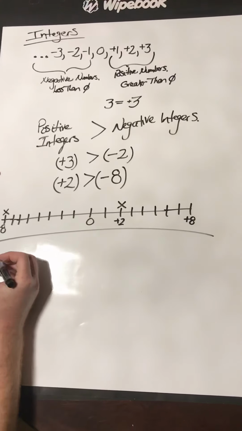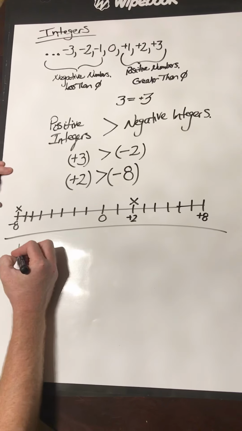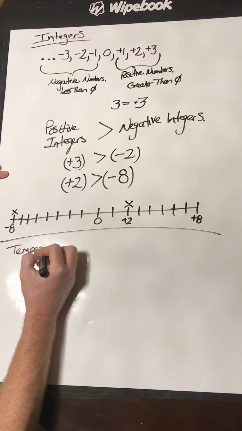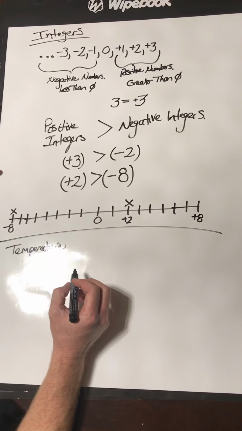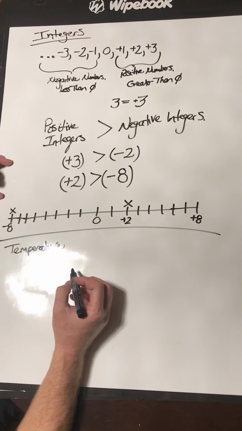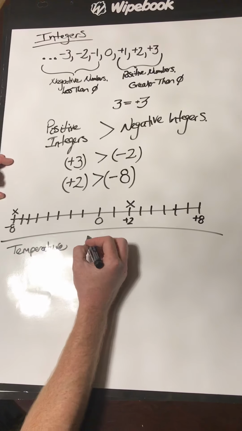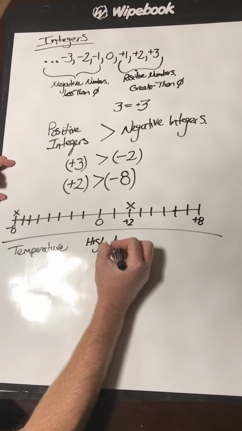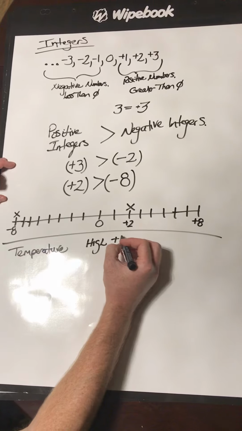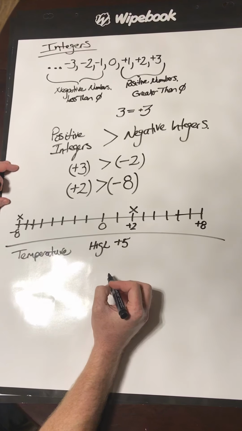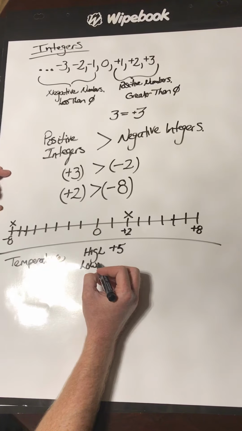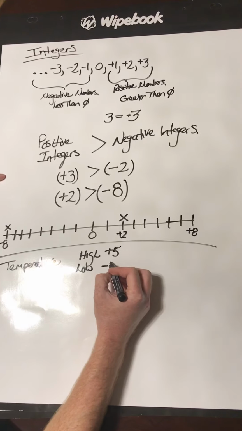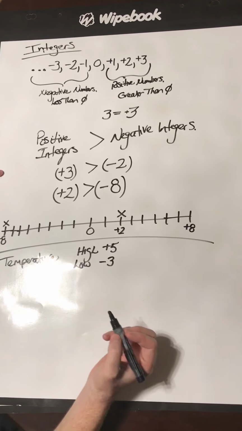One of the best is the temperature outside. You hear on the radio or the news that we're going to have a high of positive 5 and a low of negative 3. We hear that all the time.